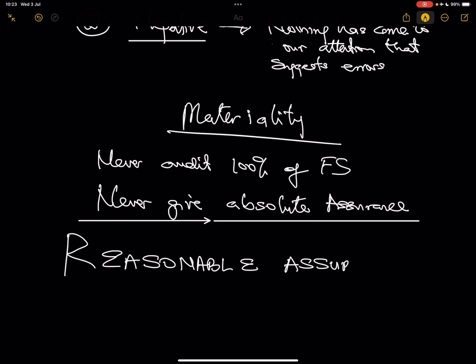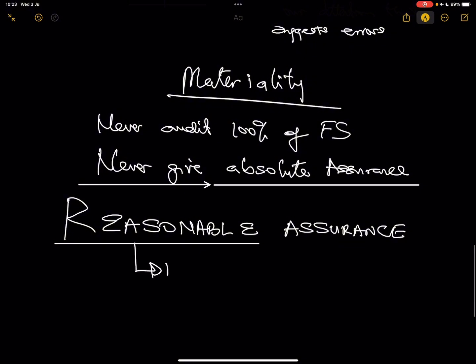Reasonable assurance. It's called reasonable because you are only focusing on significant items. Remember, the word materiality is the same thing as significance. And what does it mean?